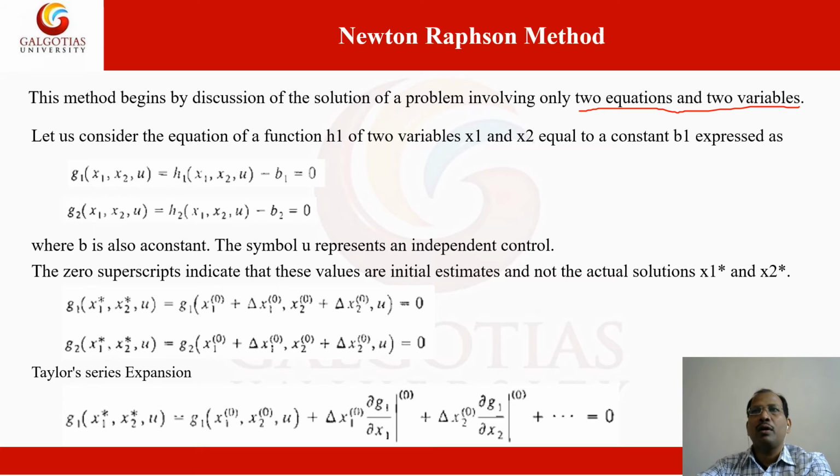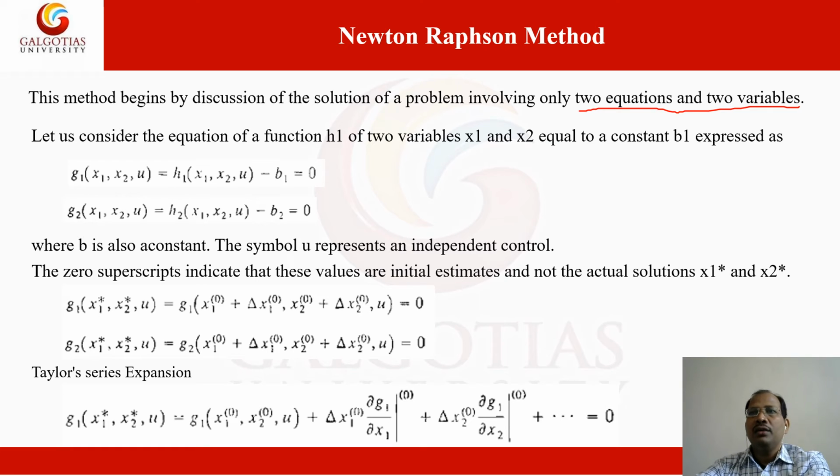This can be formulated as g1 minus b1 is equal to 0, g2 minus b2 is equal to 0, where g1, g2 are functions of x1, x2 and u. Here x1, x2 are the two variables we want to determine, and u is some independent control variables.